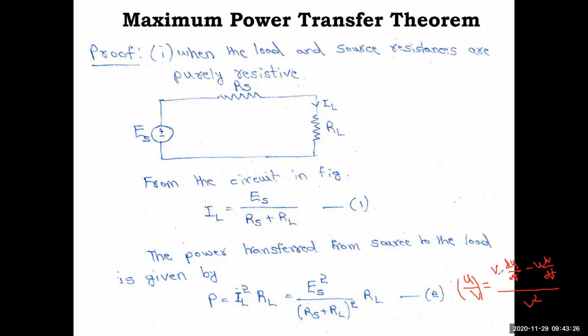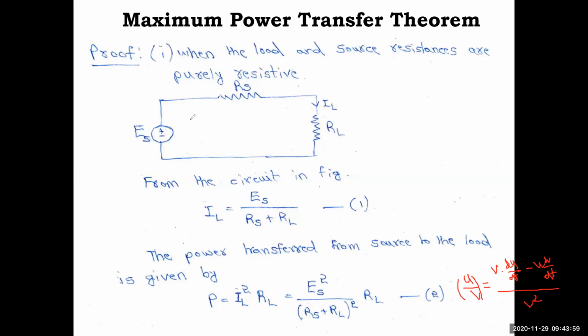If you apply this formula, what will happen? v, Rs plus RL whole square, into Es square is constant, RL, so differentiation of RL with respect to RL will give you 1, minus u, which is Es square into RL, into dv by dt. So what you have here, 2 into Rs plus RL into the inside function, Rs is 0, RL becomes 1. So 2 into Rs plus RL you'll get, divided by the square, Rs plus RL square whole square will come.